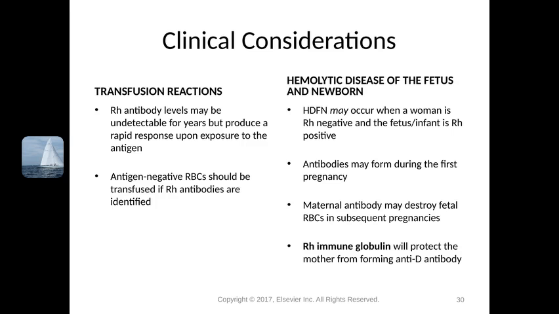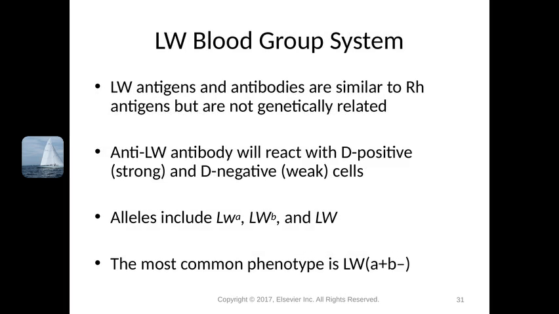You can Google it. So the last blood group that's considered part of the Rh because it's similar is the LW blood group. They're similar to the Rh antigens, but they're not actually genetically related. Remember, we started discovering this when we started experimenting with rabbit and guinea pig antibodies against rhesus monkey cells.